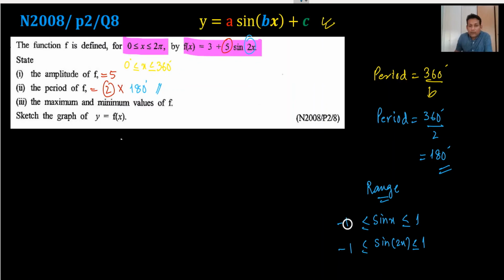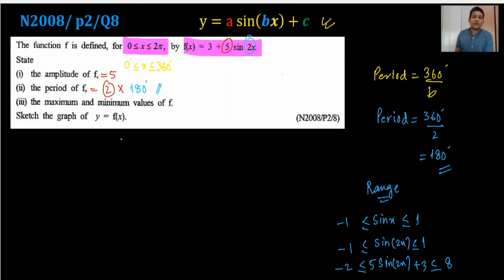Now multiply by 5 and plus 3. 5 multiplied by 1 is 5, plus 3 is 8, the maximum value. And 5 times minus 1 is minus 5, plus 3 is minus 2.